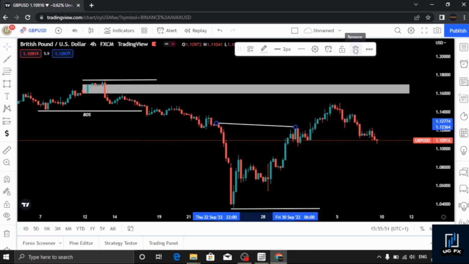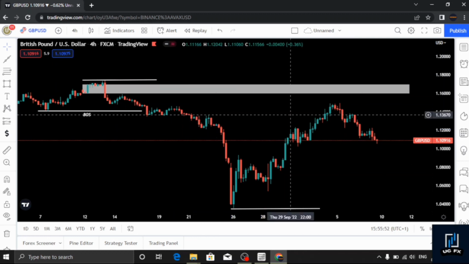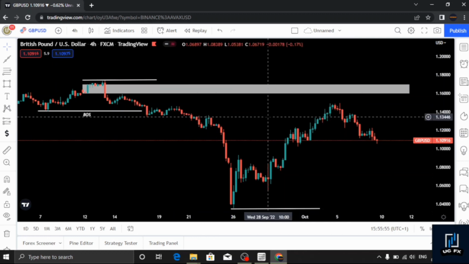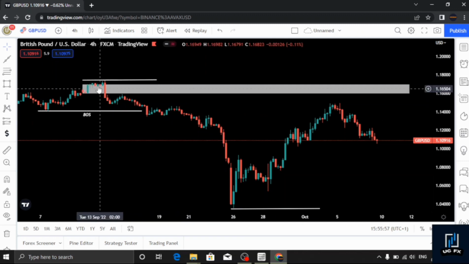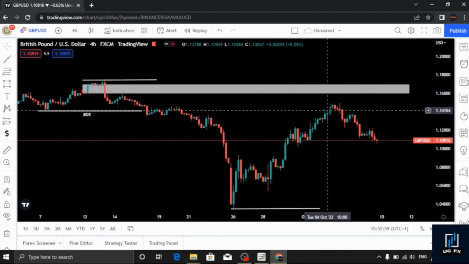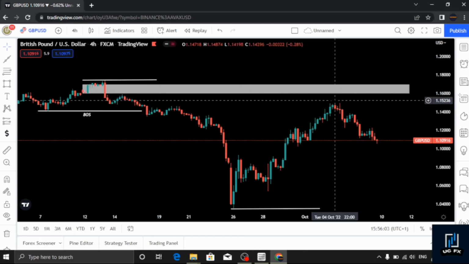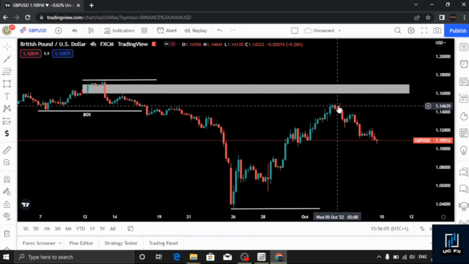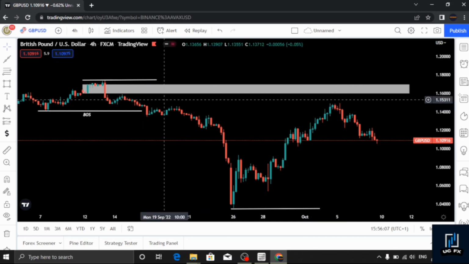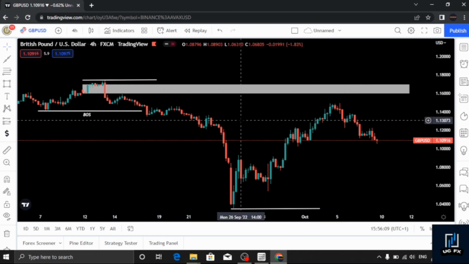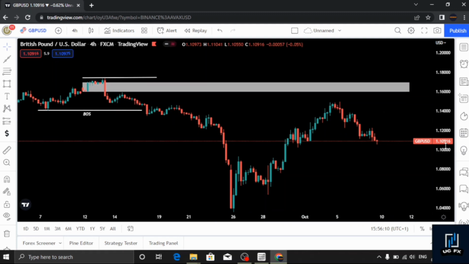We need to go lower to spot the lower time frame block formations. Just like we have here on the daily time frame, we still need to spot other blocks as soon as price taps into our discount level. So we need to see a replica of what we saw on the daily time frame. This is how you can refine your order block.